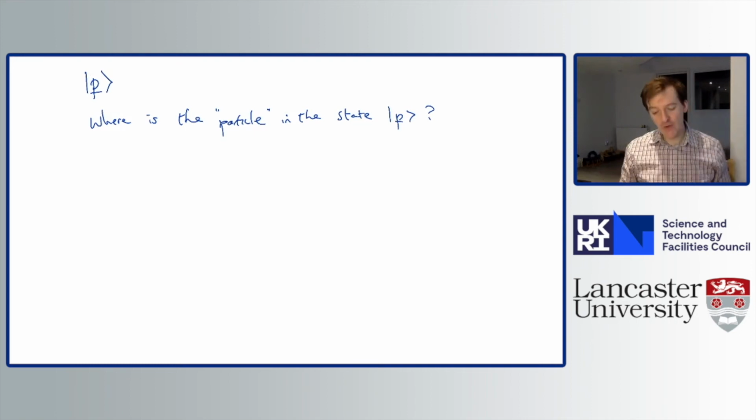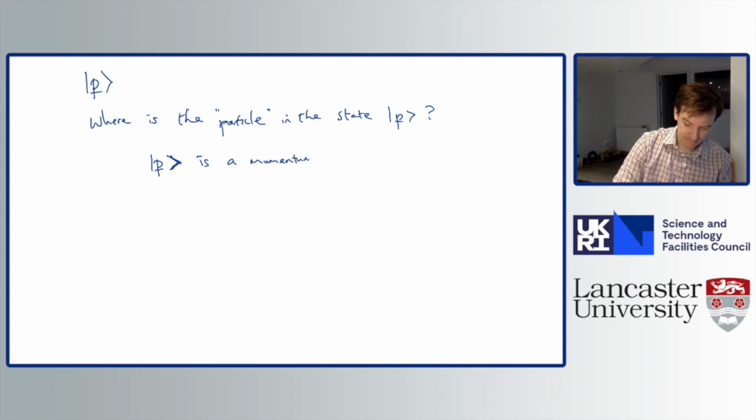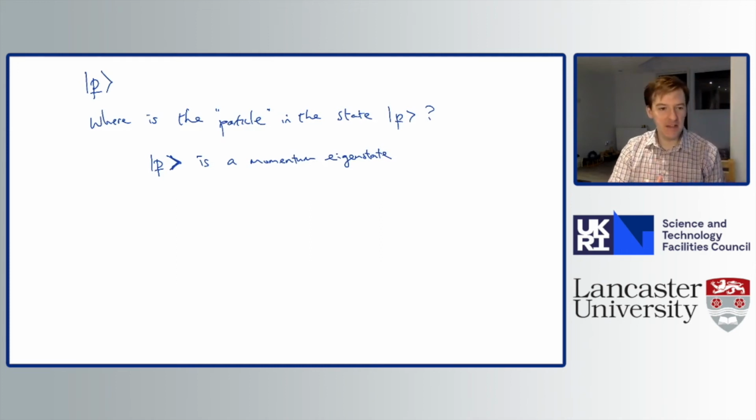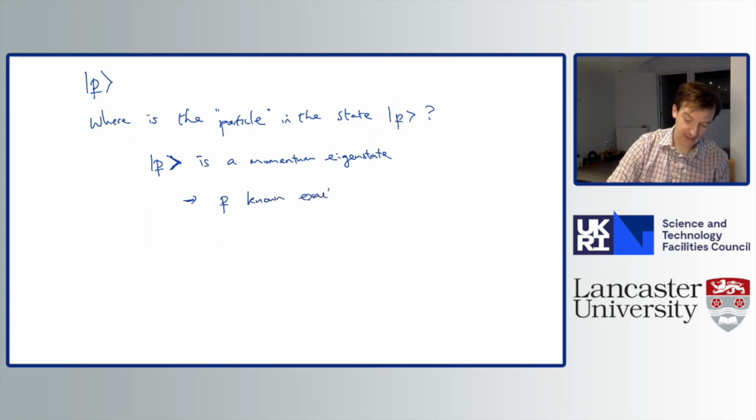Here you have to remember that we're dealing with quantum mechanics. This really is a good particle state, but it's a special state. This is a momentum eigenstate. So what do we know about momentum eigenstates? With momentum eigenstates, by definition, the momentum is known, and it's known exactly.